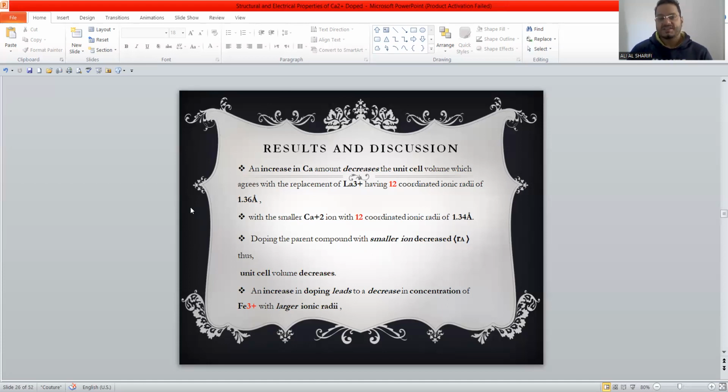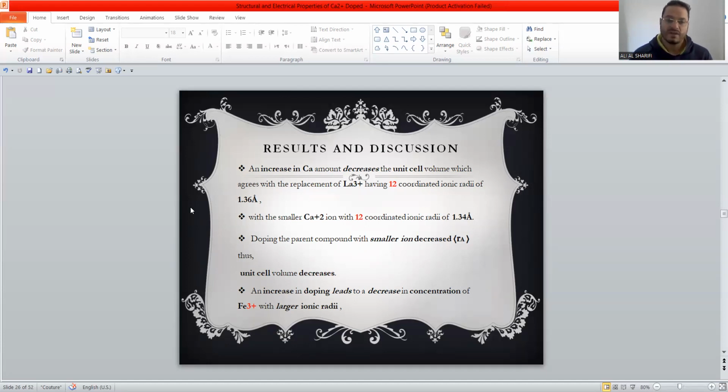Here, an increase in calcium amount decreases the unit cell volume, and we will see that in the next column. This agrees with the replacement of lanthanum 3+, like we know. Here the researchers selected the A-site cation with 12 coordinates.